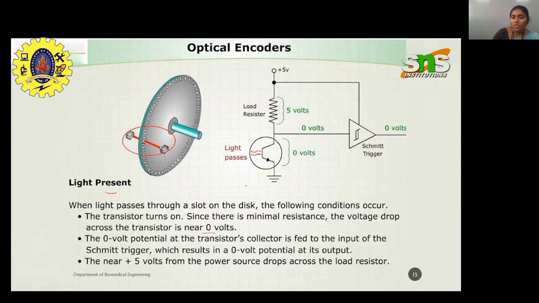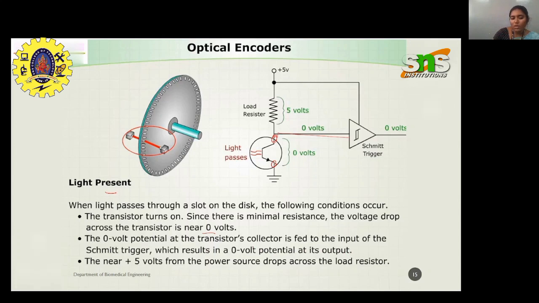This is the collector and this is the emitter. Since the collector is directly connected to the input of the Schmitt trigger, the 0 volts generated at the collector is fed to the input of the Schmitt trigger, which results in 0 volts at its output as well.